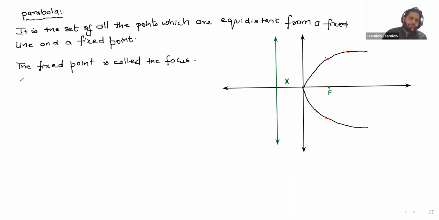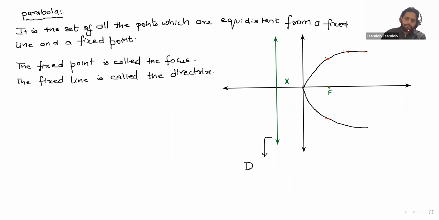The fixed line is called the directrix. Okay, so there is a fixed line which is called the directrix. We will call this a directrix. And this fixed point is called the focus.